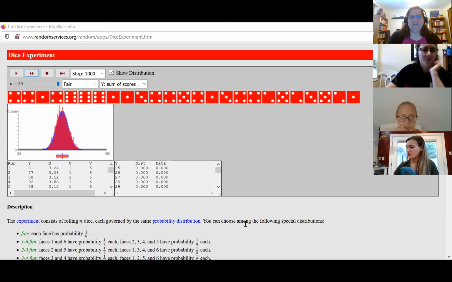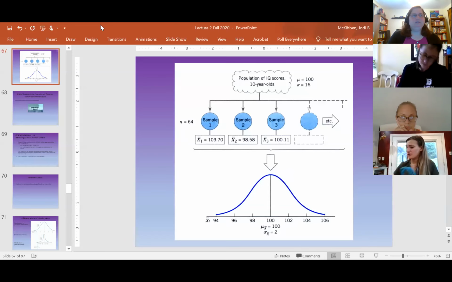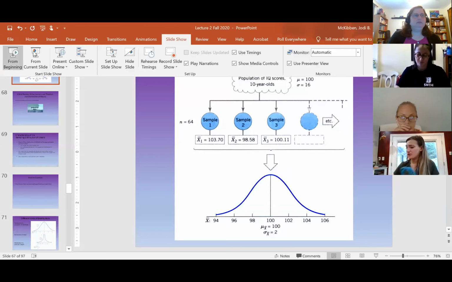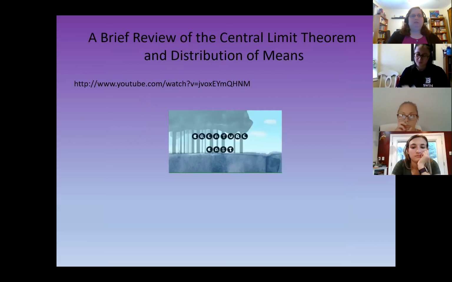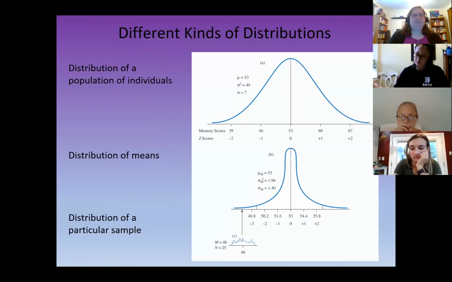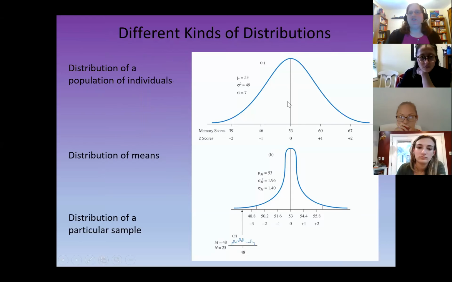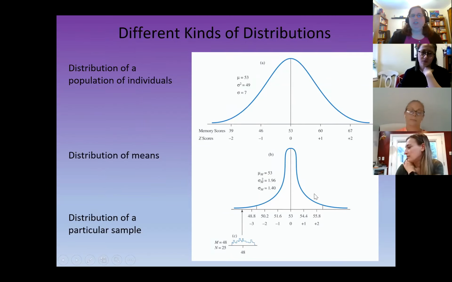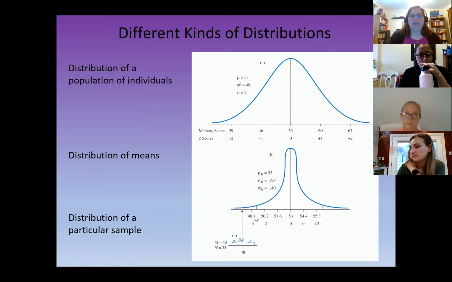All right. So let me go back to the slide here. There again, you can see the comparison between the distribution for a population, the distribution of means, which is much more normal and much more narrow, and what a little sample looks like on the bottom here.